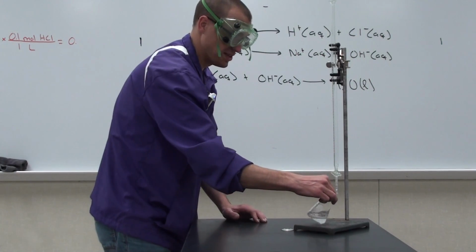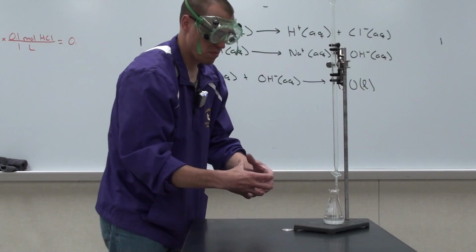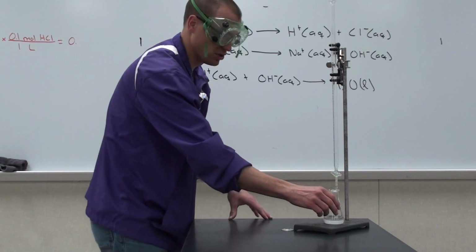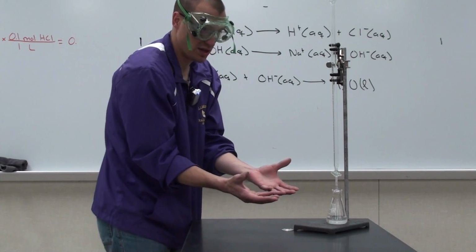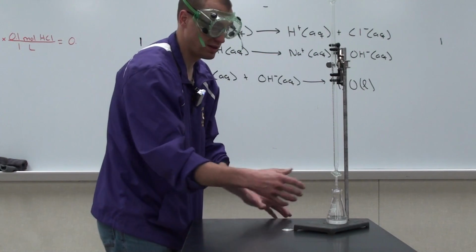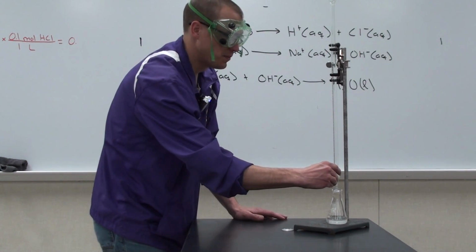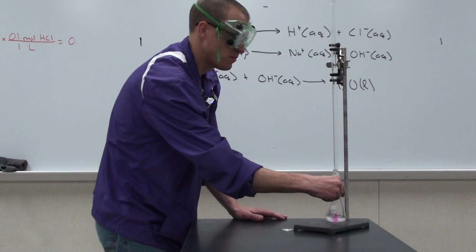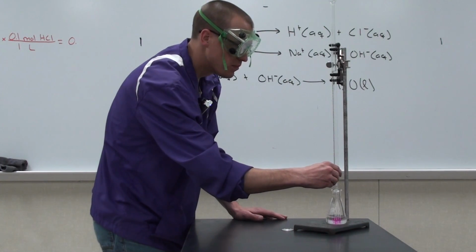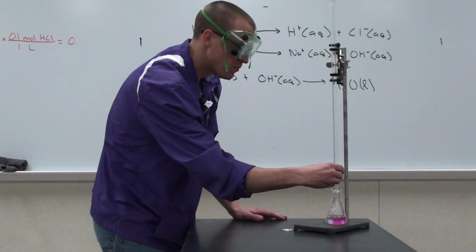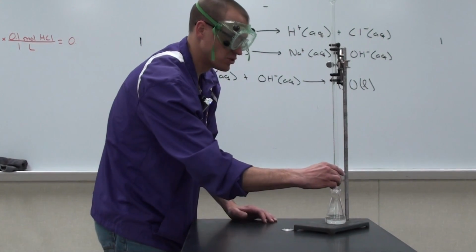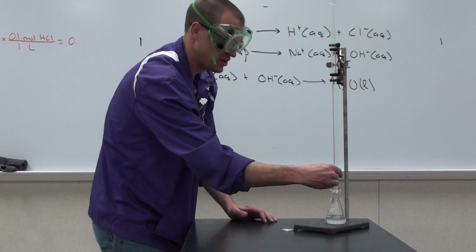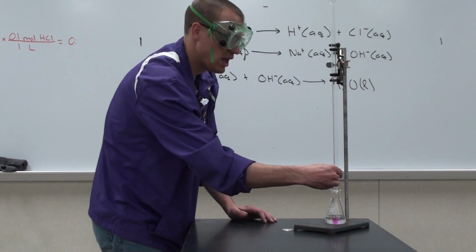As I add it, you'll start to see these pink parts of the solution occur. Again, that's just the base reacting with the acid, shown by that phenolphthalein indicator. As I swirl it, it goes back to a clear solution, and that indicates that it's still an acid in this solution.